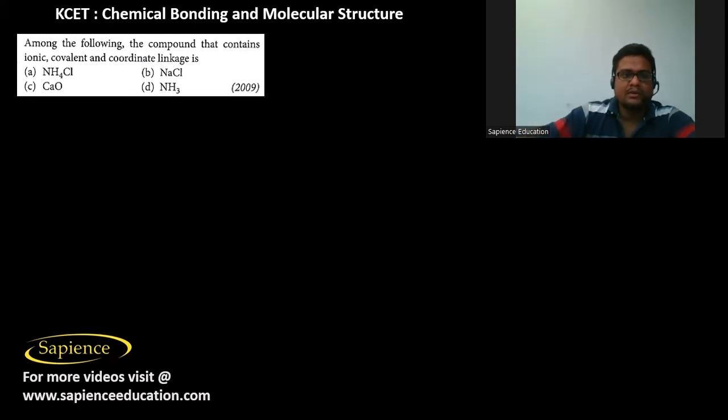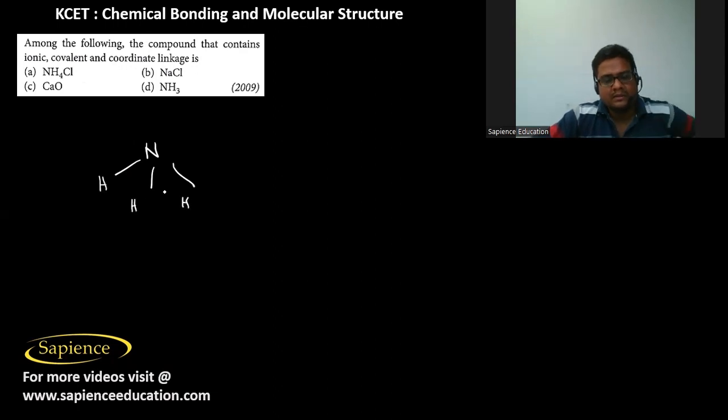And here it is told, among the following, the compound that contains ionic, covalent and coordinate linkages. So we know that NH4Cl has three covalent bonds with three hydrogens and one coordinate bond with one H plus ion, and then Cl minus ion, it is having an ionic bond also.